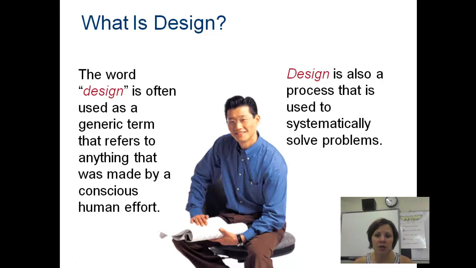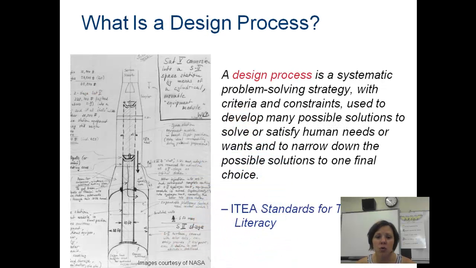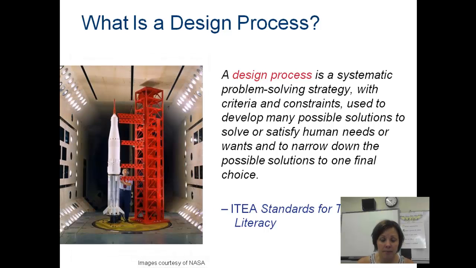Oftentimes when we hear the word design, we think of the general word about making something. In this case, we're going to be talking about a systematic process of solving a problem. The design process is a systematic way of understanding what the problem is, coming up with the criteria for the problem, and then brainstorming solutions, narrowing it down to one that we're going to try to tackle and test, and then analyzing the results of that test, of that design.